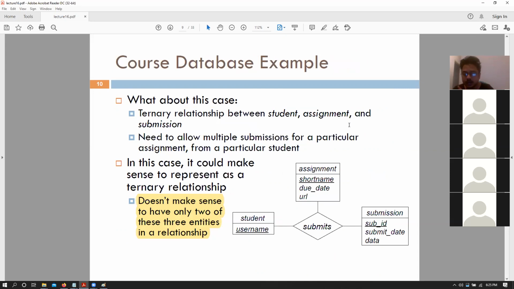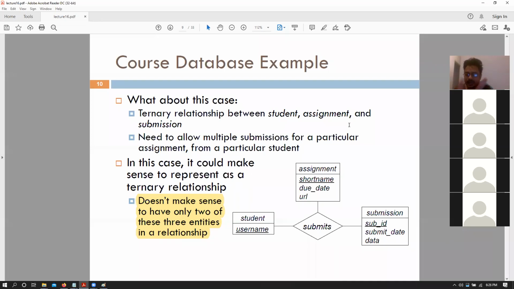But sometimes ternary relationships can end up being useful. So let's take our homework submission database, right? We had a student database, and I've shortened it into this ER diagram. Take the student entity that has the username. We have the assignment entity that has the due date and the assignment name, and we have the submission ID and the submission date.